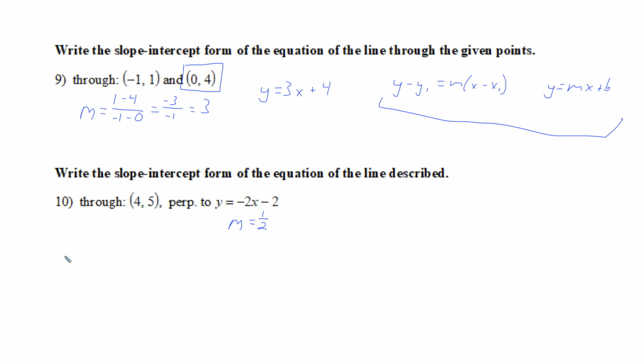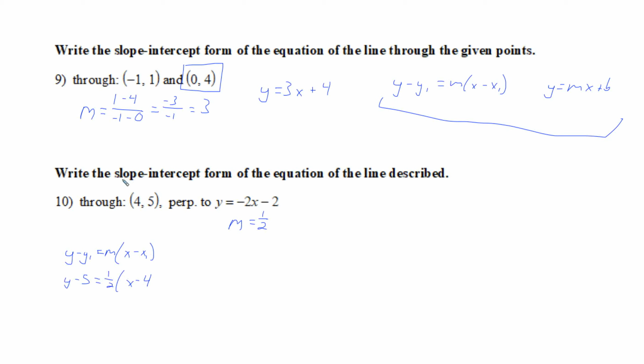So option 1, we can use point slope form, which I wrote up there earlier, but here it is again. We can plug in the point, so 4 goes in for x sub 1, 5 goes in for y sub 1, and 1/2 goes in for the slope. And the other x and y just stay as they are.